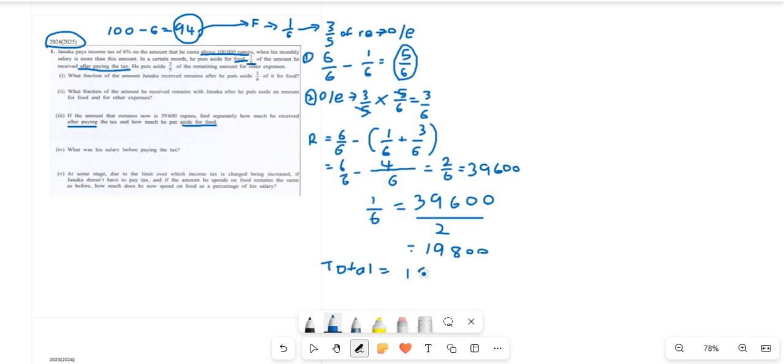So 19,800 times 6, because after the tax we divide into 6 portions. From that only we took for the food. So you have to multiply by 6 there. When you multiply by 6, you will get 118,800.